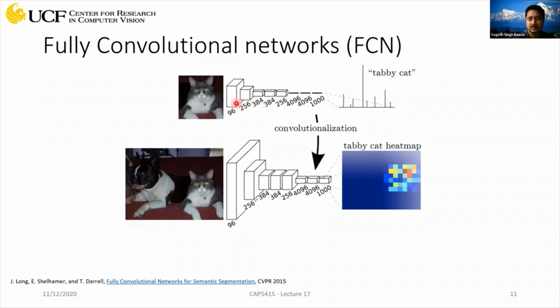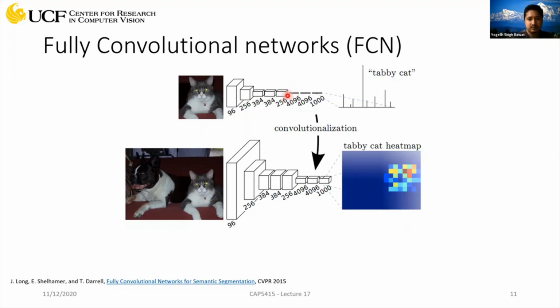Some of these layers are followed by max pooling layers to reduce the resolution of your feature map, so you have one max pooling layer over here, then another max pooling layer over here.